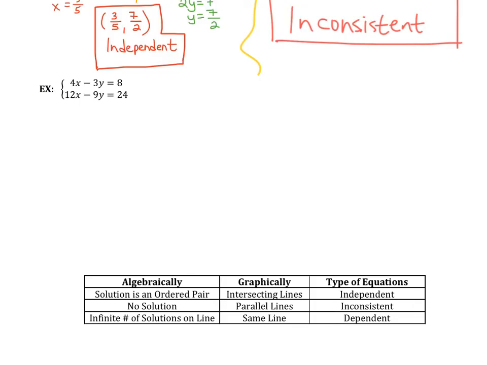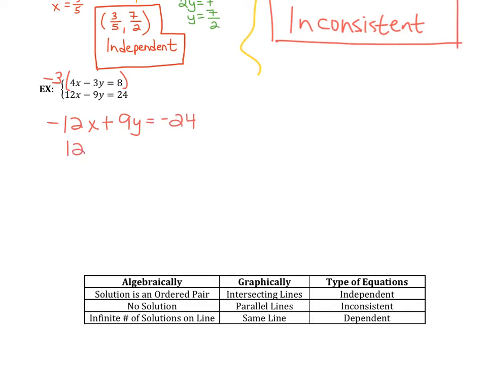All right, in our next example, we're going to once again use elimination to solve this system of equations because we don't have any coefficients that are a positive 1 or a negative 1. So if I multiply the top equation by a negative 3, I get negative 12x plus 9y is equal to negative 24.